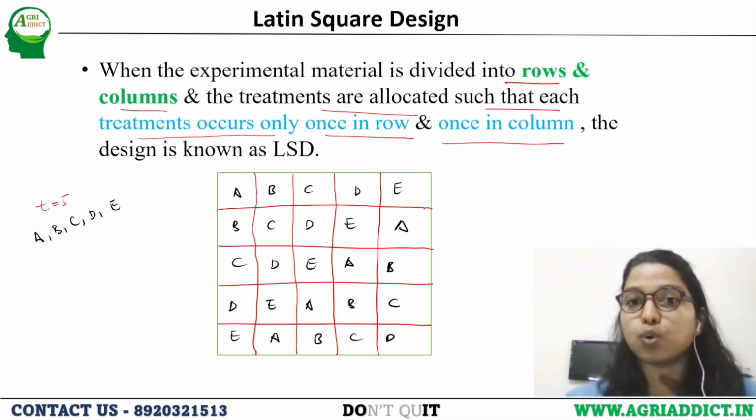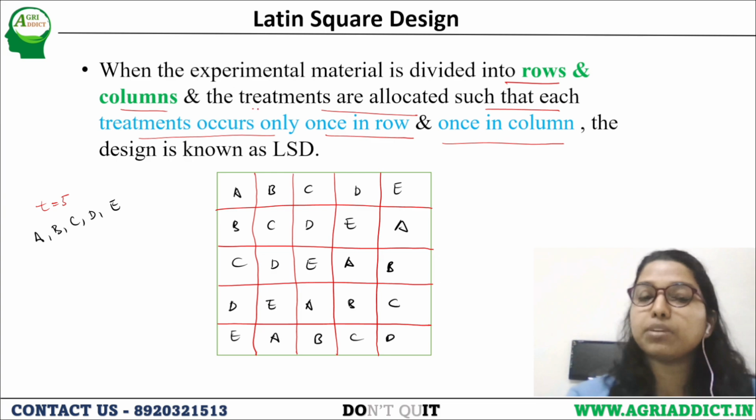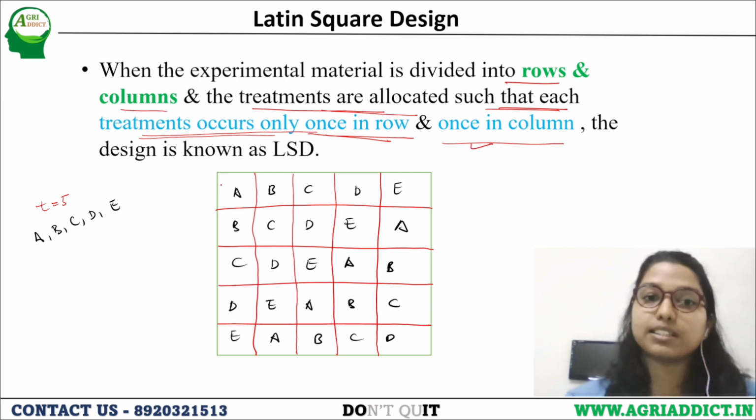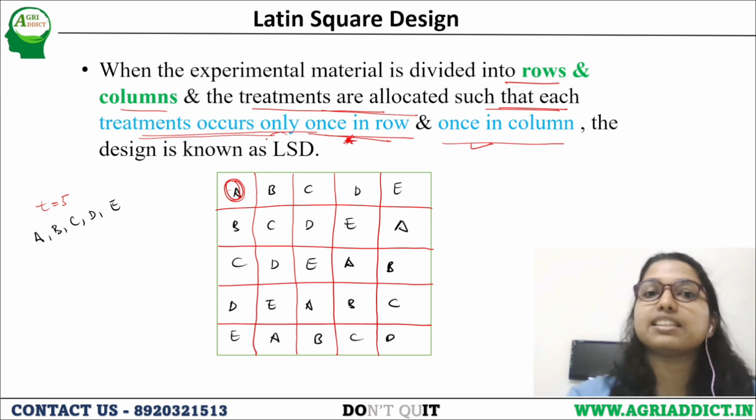These are the columns, these are the rows, and the treatments are allocated such that each occurs only once in a row and once in a column. Say, if we consider treatment A, it occurs only once in the row and once in the column. If this is the condition, then we can say it is the Latin square design.